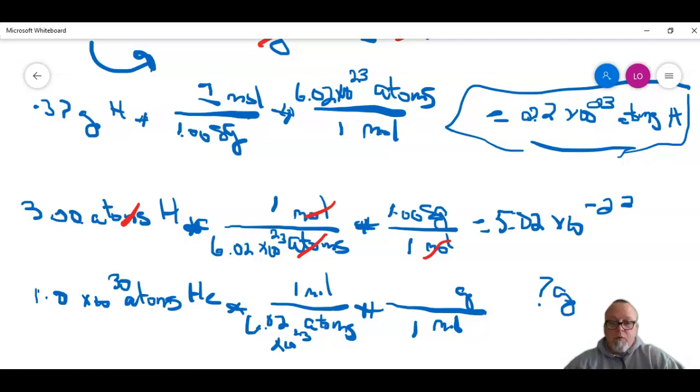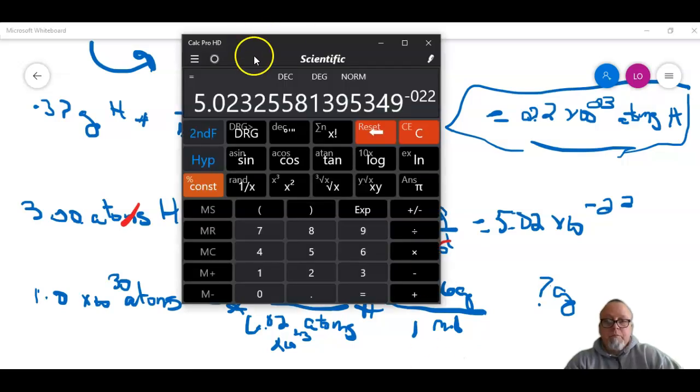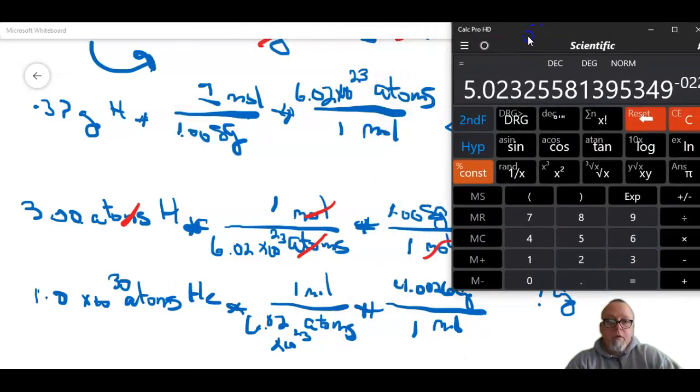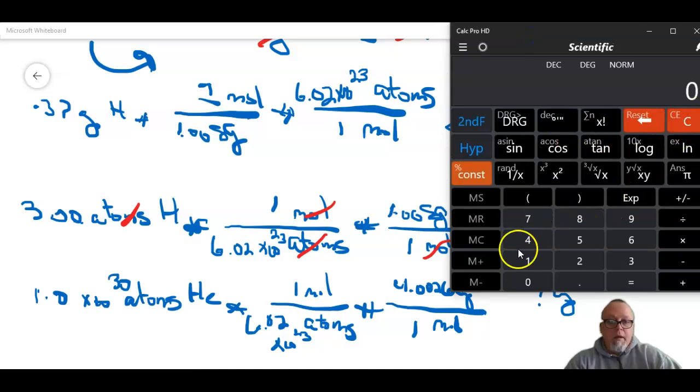So if I take out my trusty calculator, we have 1 times 10 to the 30th times 4.0026 divided by 6.02 times 10 to the 23rd.